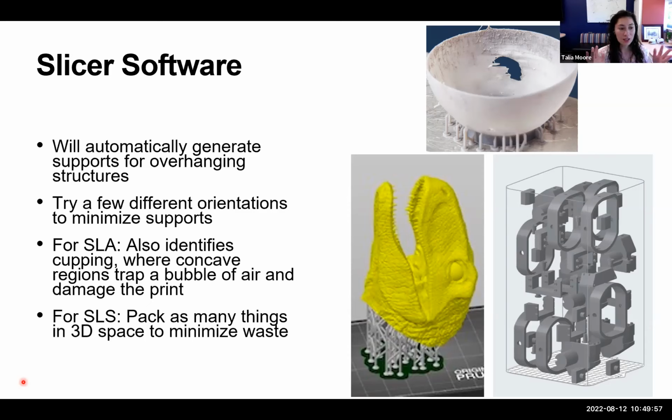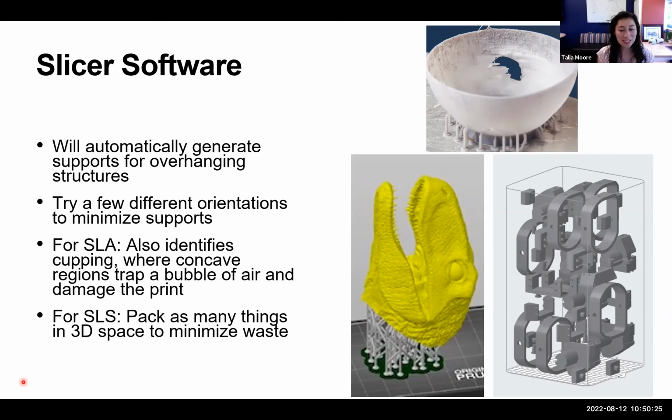Usually your slicer is going to be able to generate support structures for overhangs if you need supports. They can also help you try a bunch of different orientations to reduce your supports and make cleaning a lot easier. So if you take this T-Rex head and had it horizontally, you would have a ton of supports inside of the mouth, and those are going to be much more difficult to clean out than if you have it vertically like this.